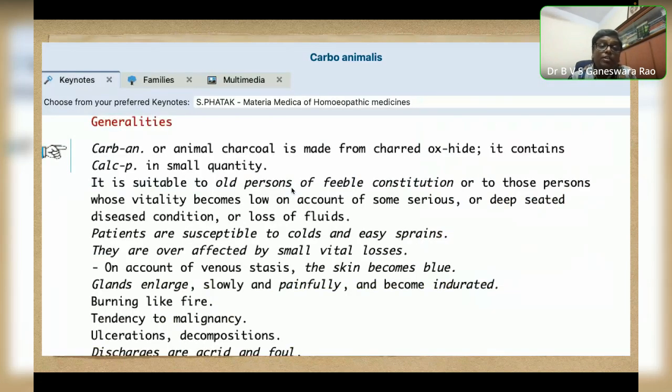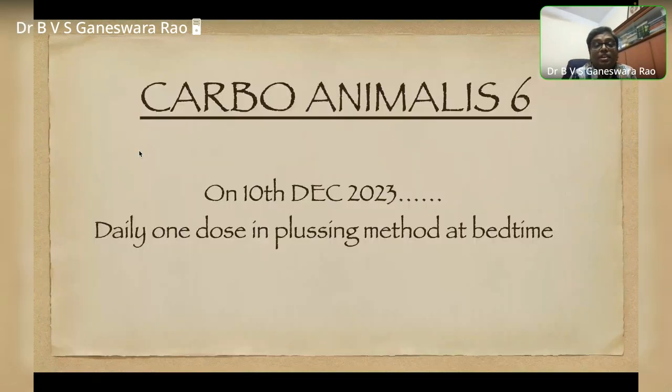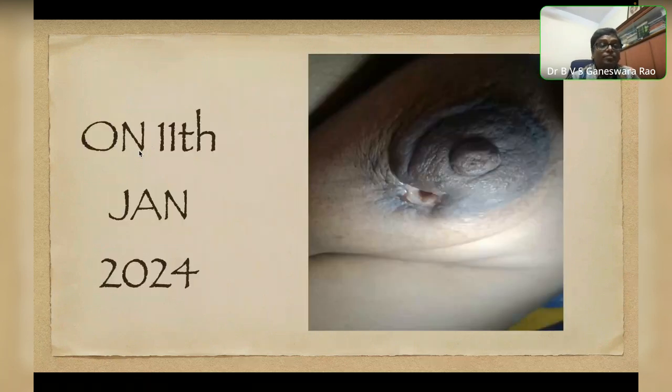It is suitable for old persons, feeble constitution, those persons whose vitality becomes low on account of some serious or deep-seated disease condition or loss of fluids. So here Carbo animalis 6 was prescribed on 10th December, one dose daily, once again in the plussing method, at bedtime. This is on 11th January 2024.